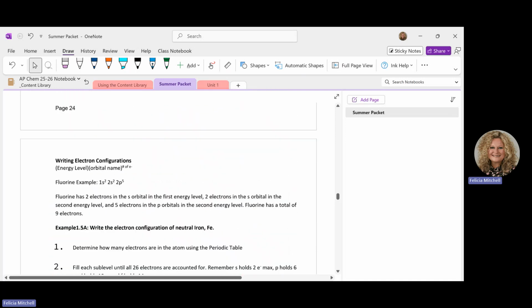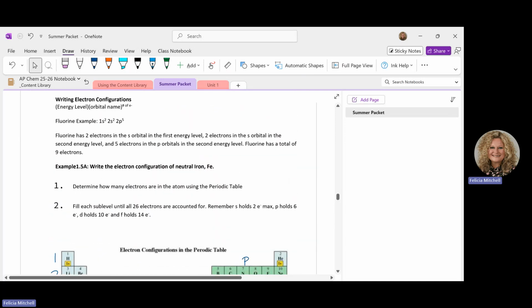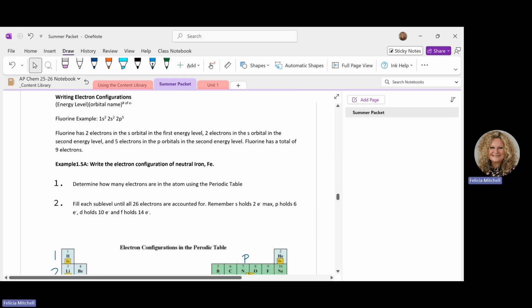Let's look at the electron configuration for fluorine. So you find fluorine. It has 9 electrons. It also has 9 protons. Remember, everybody's got the same number of protons and electrons. So you know that because it has 9, your exponents must add to be 9. Those little exponents tell you the number of electrons.